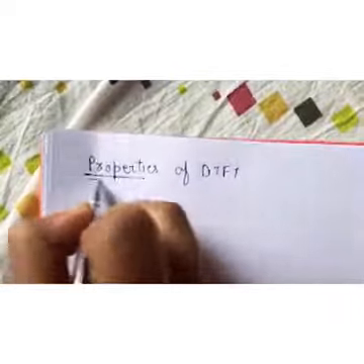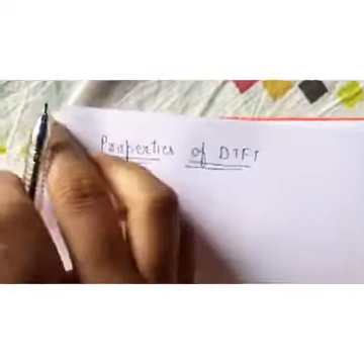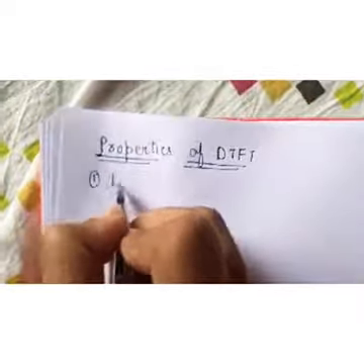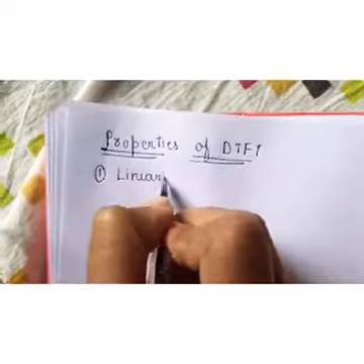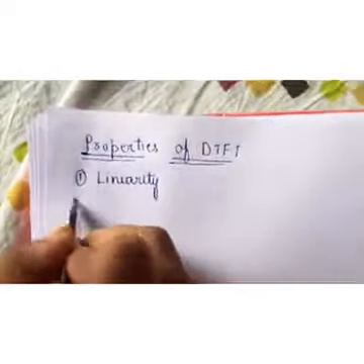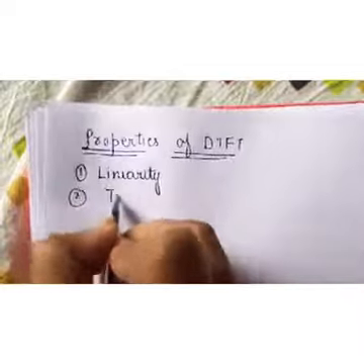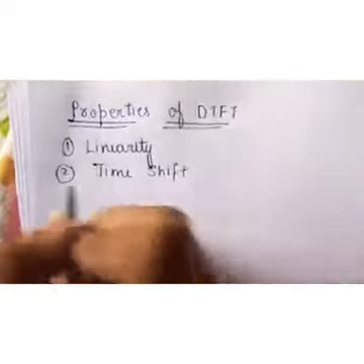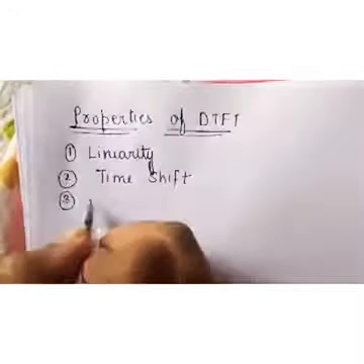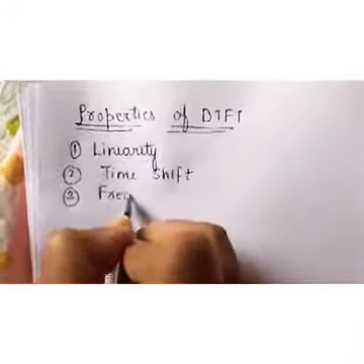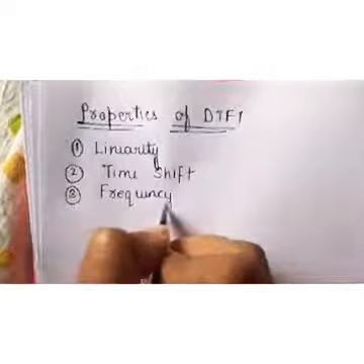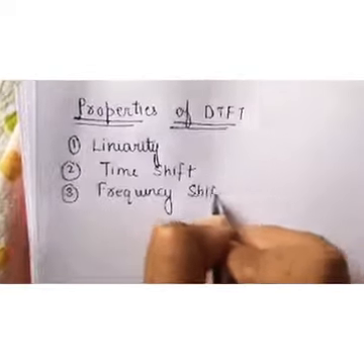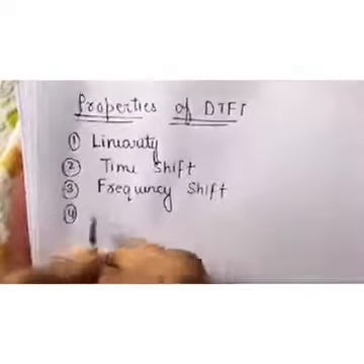Discrete time Fourier transform. First property is linearity property. Second is time shift. Third is frequency shift. Fourth is scaling property.